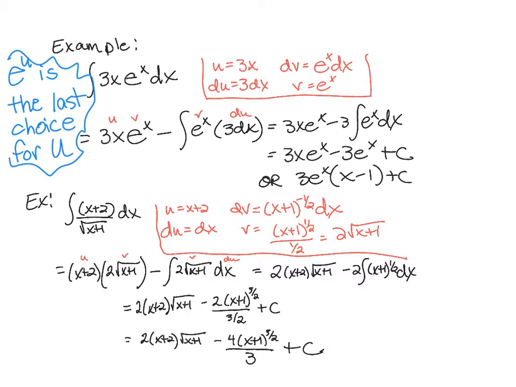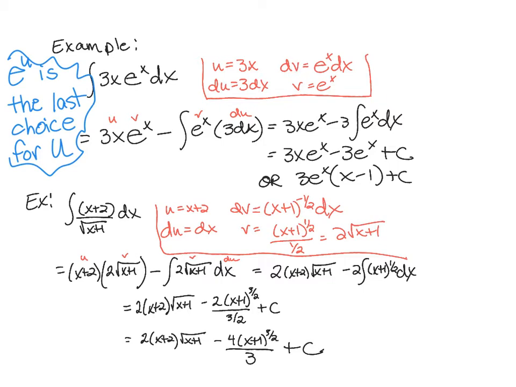So in this problem, we have 3x and we have an e to the x. The e to the x is never u, so we're going to choose 3x to be the u. I'm going to put it in my little cheater box here. If the 3x is u, cover that up and you see e to the x dx, that's what's left in the problem. So that is, by default, your dv.